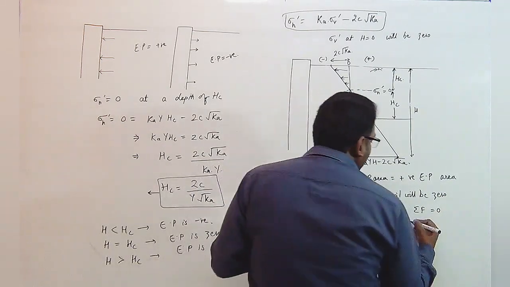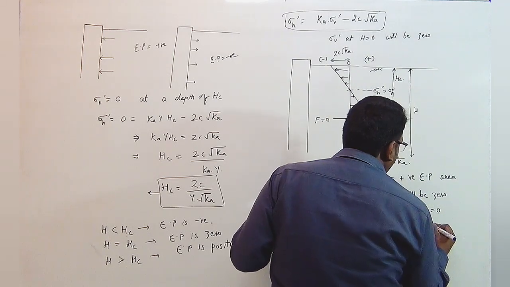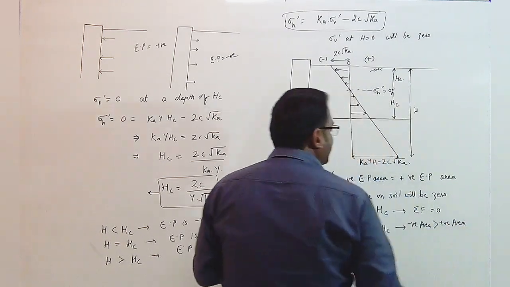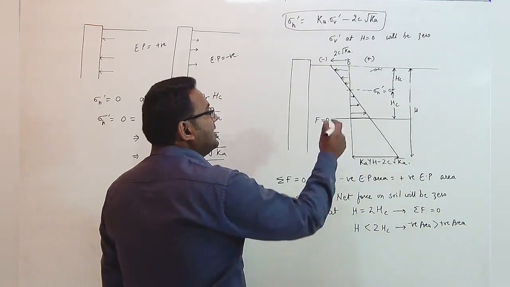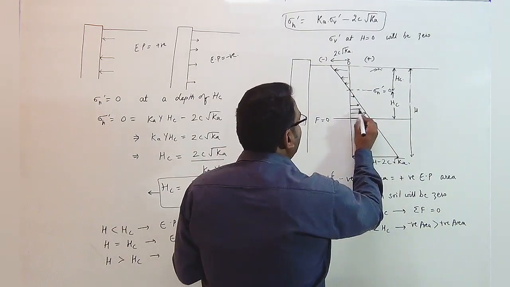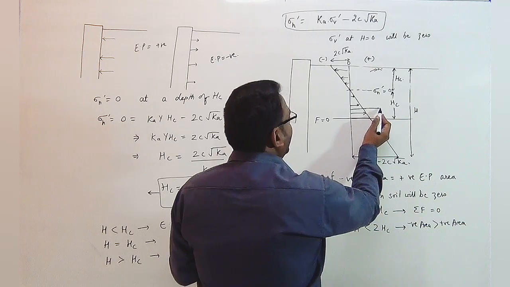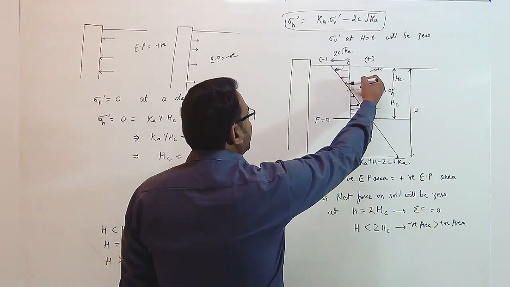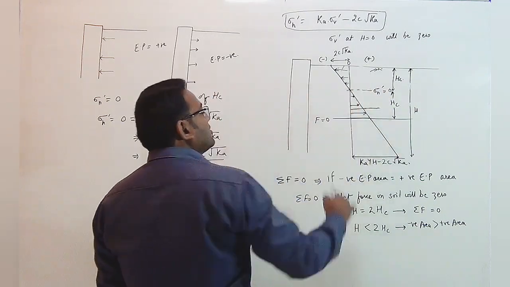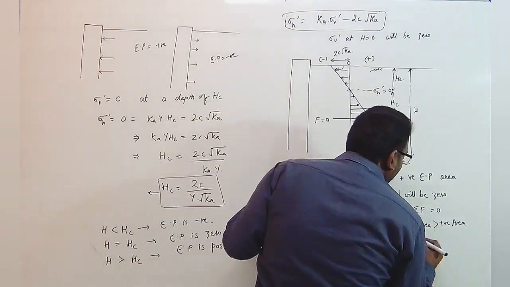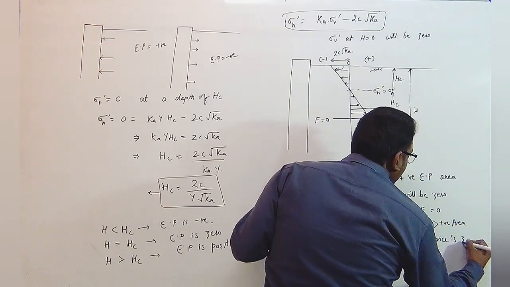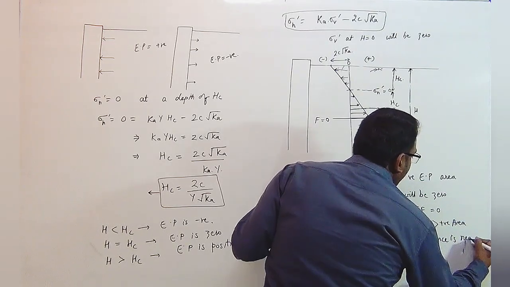What will happen if h is lesser than 2hc? That means the negative area will be greater than the positive area in this particular case. Why? For example, this is a depth h which is lesser than 2hc; then this negative area is greater than the positive area, and hence the net force will be negative.